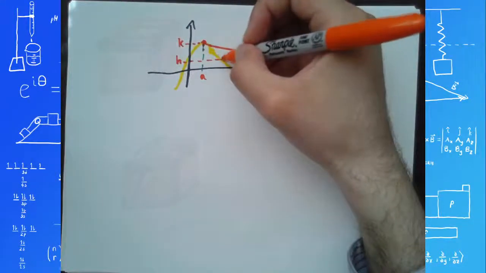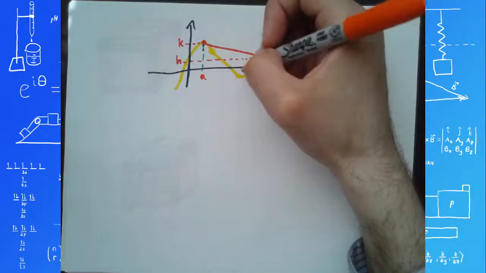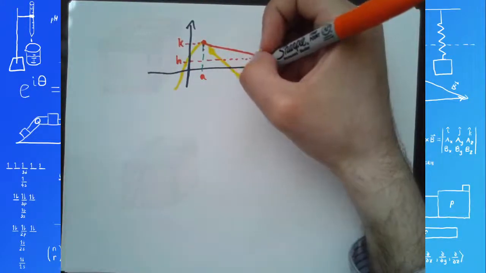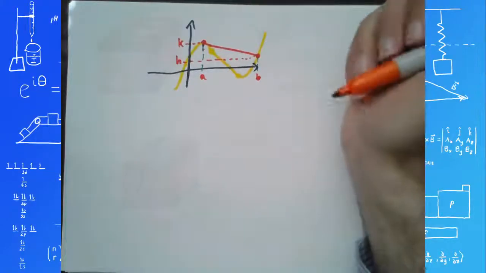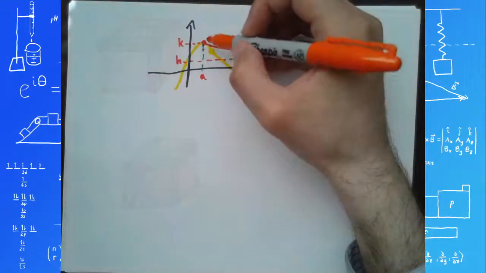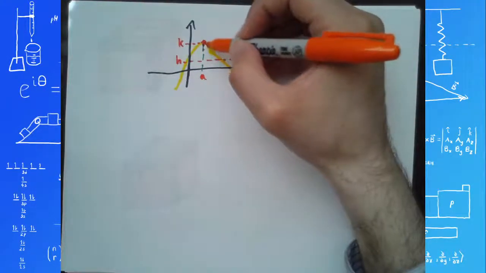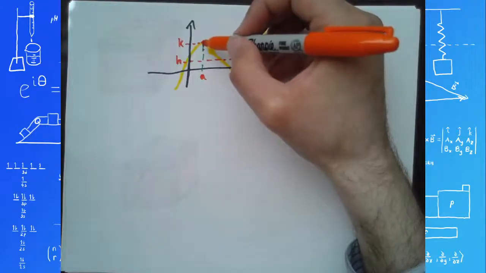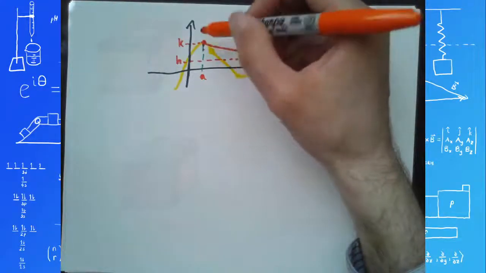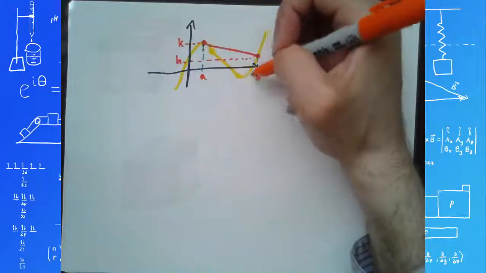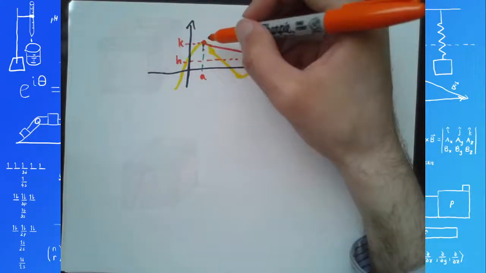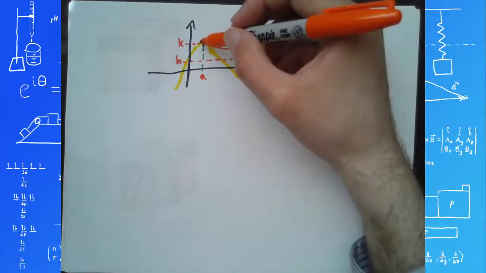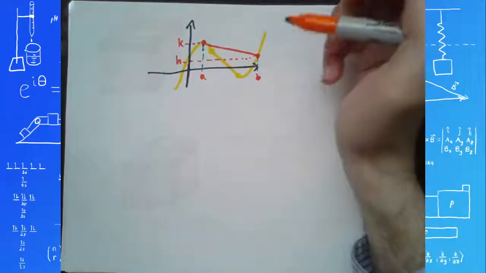It visits more y values than just the numbers between h and k. It visits all these numbers that are less than h, but that's okay. What's guaranteed is that all the numbers between h and k are visited at least once. So if you go down and then back up, then obviously you visit all the values in between.